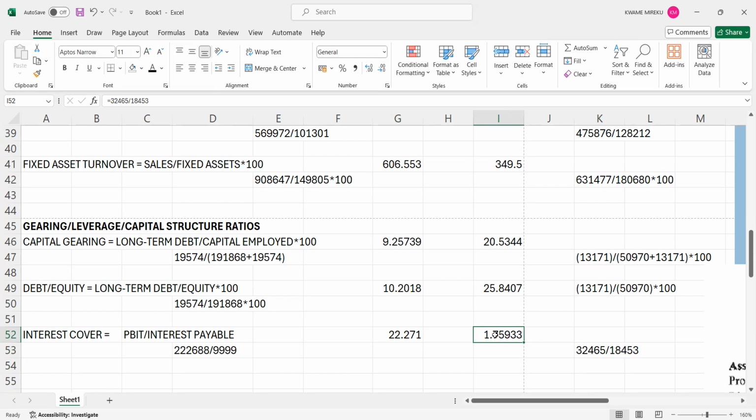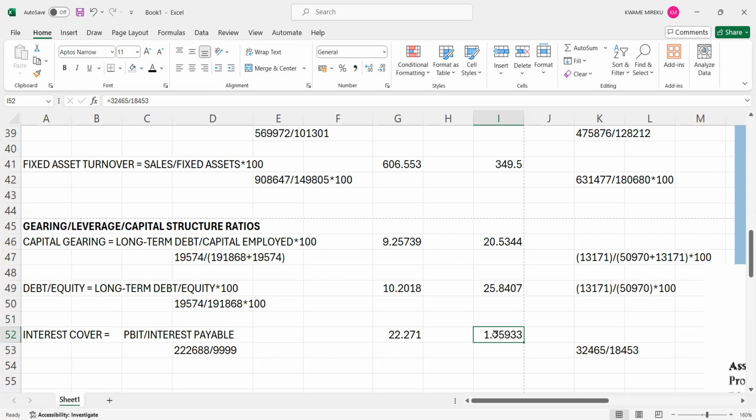So in 2022, we were able to cover our interest 1.76 times. That means our ability to use our profits to pay our interest was 1.76 times.